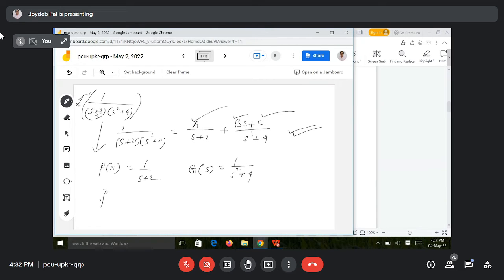Then you find f of t, then you find g of t. Next you write f star g, that is integral 0 to t f of tau g of t minus tau. तो ऐसे भी अभी कर सकते हैं, कभी कभी ये मेथड, मतलब ये कॉन्वोल्यूशन फॉर्मूला मेक्स द प्रॉब्लम इजियर.